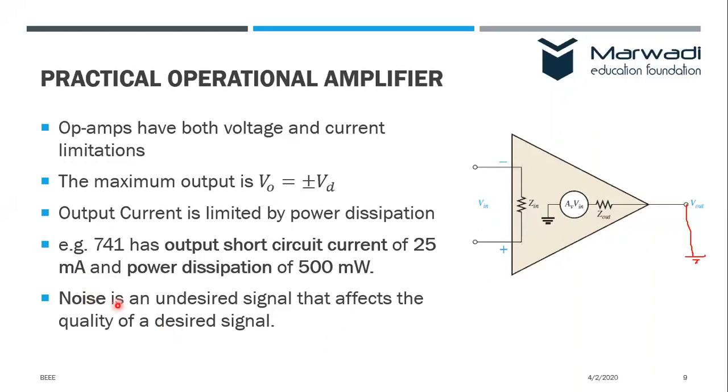Now noise. Because we are trying to amplify the signal, at the same time we are also amplifying the noise, and noise is an undesirable signal that affects the quality of a desired signal.